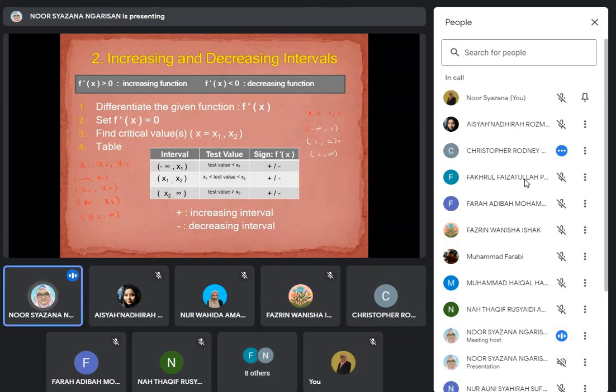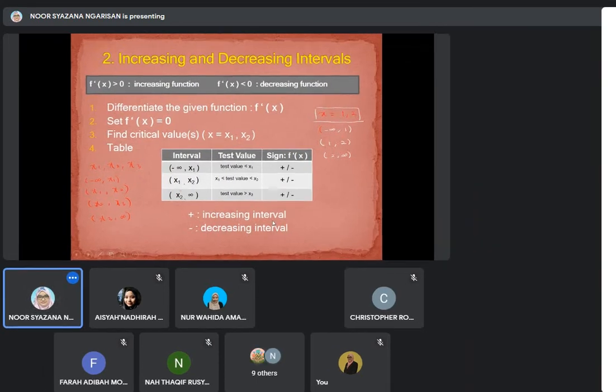Kita ada 1, 2, 3. Critical value x sama dengan 1 dan 2. No. Okay. So when we have 2 critical values, we only have 3 intervals. Always start from negative infinity, ends with positive infinity. So first interval, negative infinity until 1, second interval 1 until 2, and third interval 2 until positive infinity.